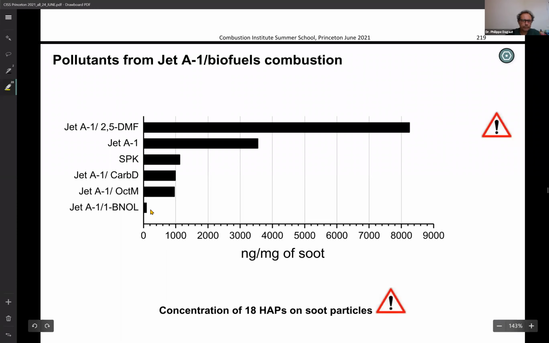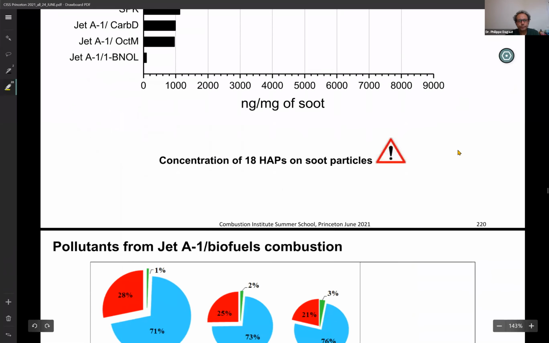So you can see that according to the different functional group in the fuel, you get very different answers. And here, DMF is responsible for this very large formation of PAH, mostly because you start with an aromatic ring. So even if there is an oxygen atom in the ring, the aromatic character is responsible for that.